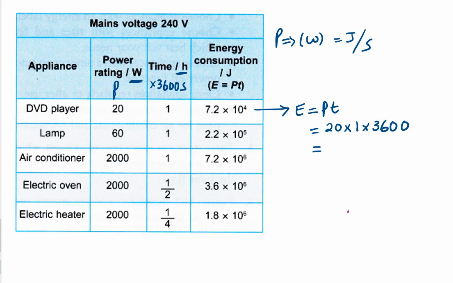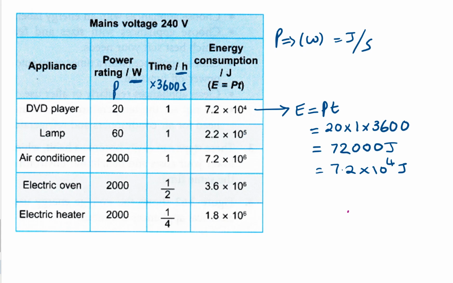So if you find the final answer, 36 into 2 is 72, and after 72 you're going to put 3 zeros. So this is the amount of joules. 72,000 joules of energy are converted. If I want to write this in standard form, it will be 7.2 into 10 raised to 4 joules. So this is how you calculate the energy consumption.